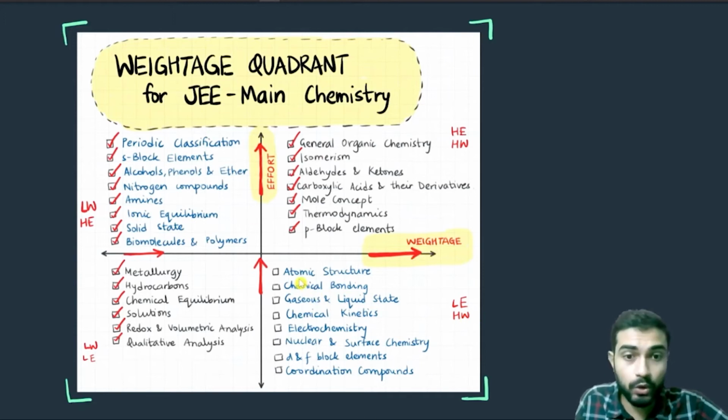In this particular quadrant, we have topics like atomic structure, chemical bonding, gaseous and liquid state, chemical kinetics, electrochemistry, nuclear and surface chemistry, D and F block elements, and then coordination compounds. So I hope now you have got a brief idea of what the syllabus is like and what the weightage distribution is like in case of all the topics.